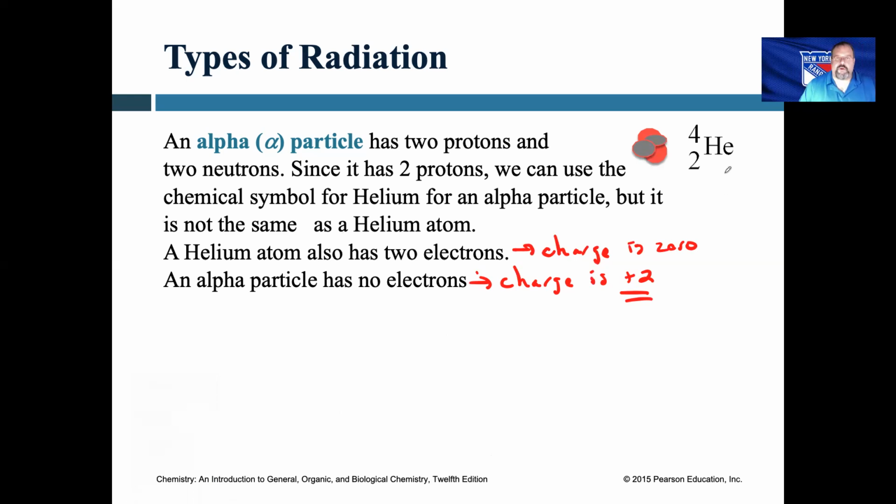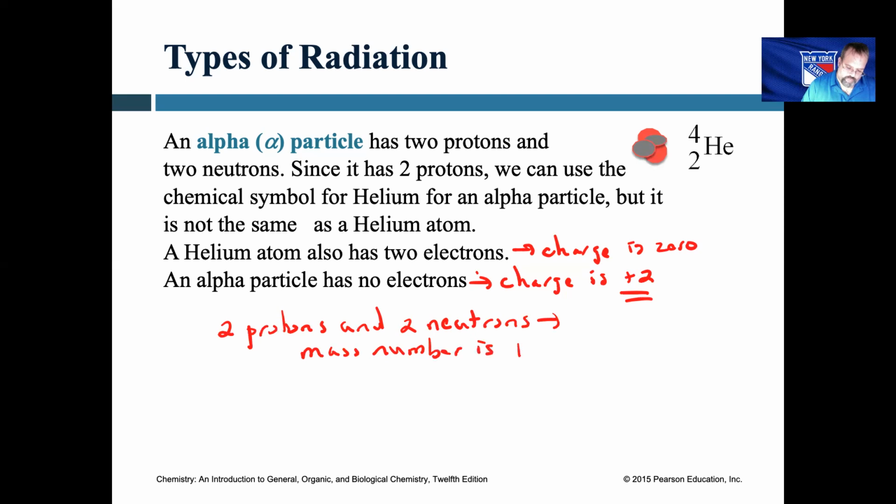And it would also, we didn't really talk about this yet, if we have 2 protons and we have 2 neutrons, the mass number is 4. So you can see in the upper left of the atomic symbol, the mass number is 4.